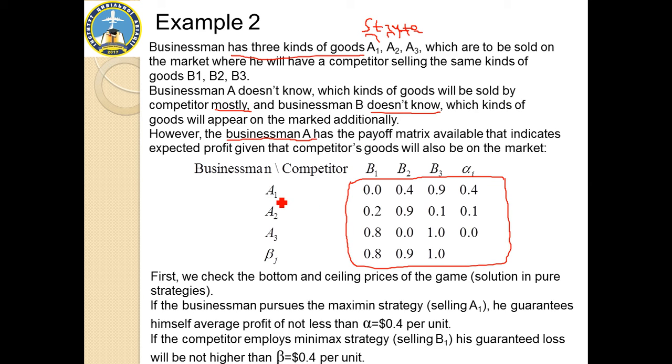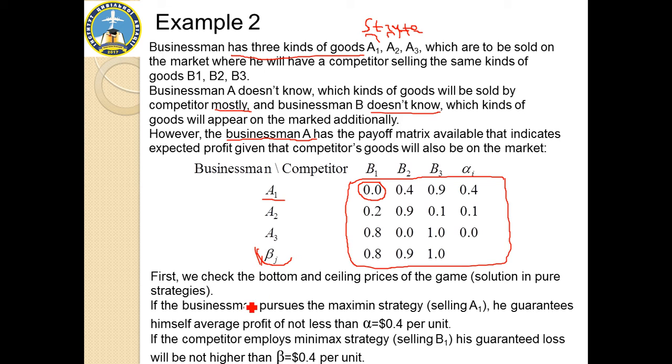If both the businessman and his competitor sell this combination of products A1 and B1, there will be no gain, no profit for the businessman and no loss for the competitor, and so forth. These are the shares, we disregard this for the moment.